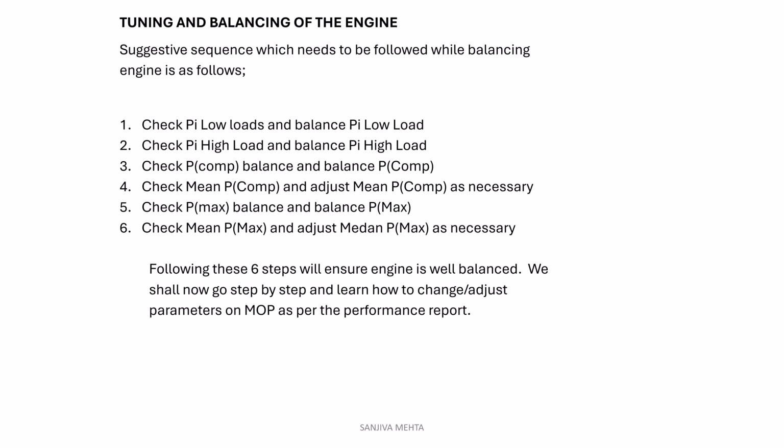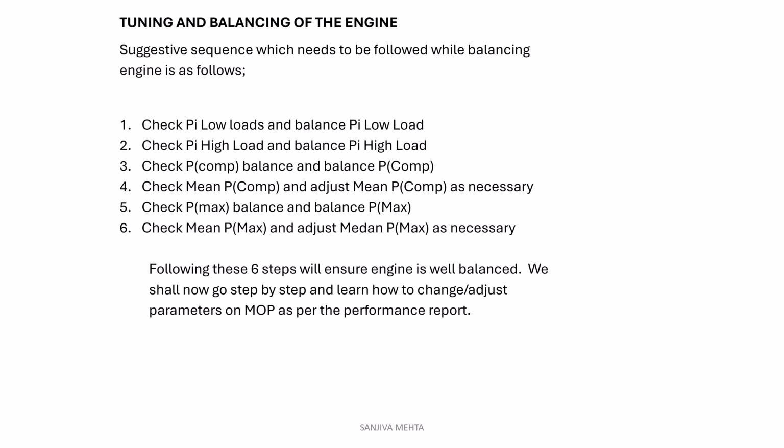Now, tuning and balancing is what we are interested in. Suggestive sequence which need to be followed while balancing the engine. So in this case, various things can be checked and performed, and then balancing can be carried out. That is low load offset, high load offset.